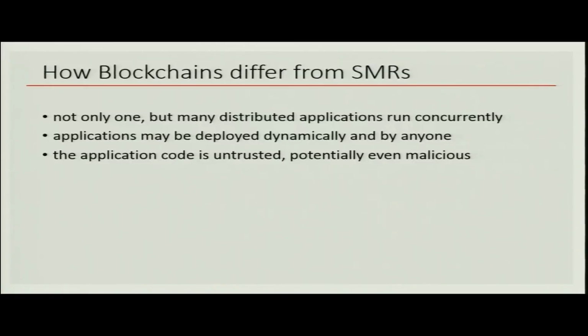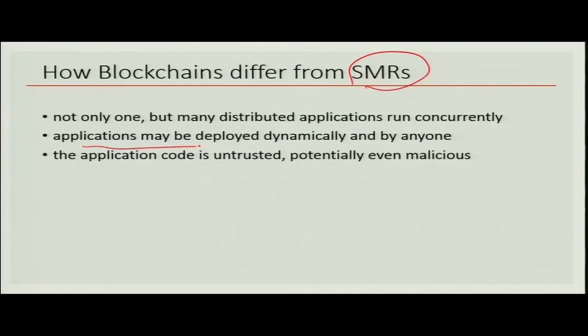Now blockchain is more than just a simple replicated state machine, because a replicated state machine is just one service, like a database service running in each of the servers associated with the database, let us say. But in blockchain there may be many different services or applications running. As I was saying, that same ordering service may be used for one interbanking transaction log keeping, another one for supply chain, and etc., all of them in the same infrastructure.